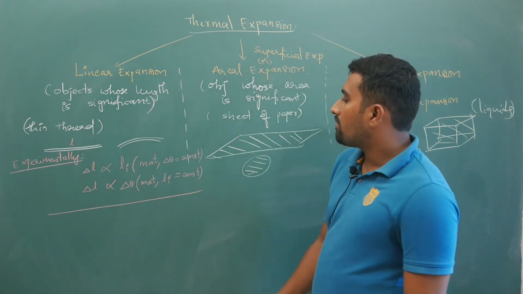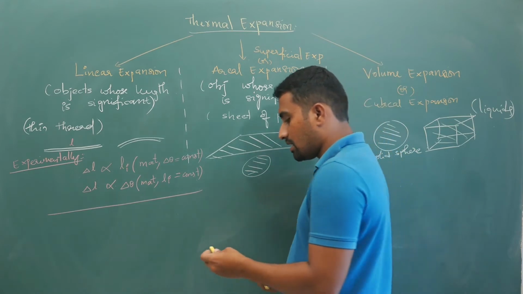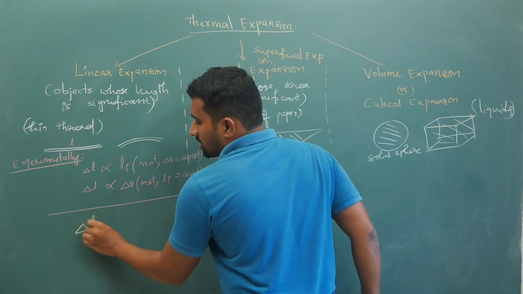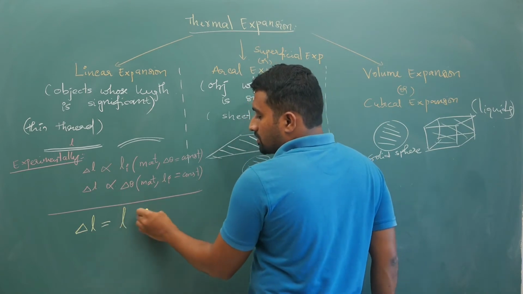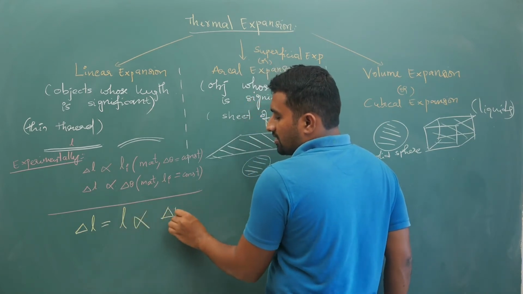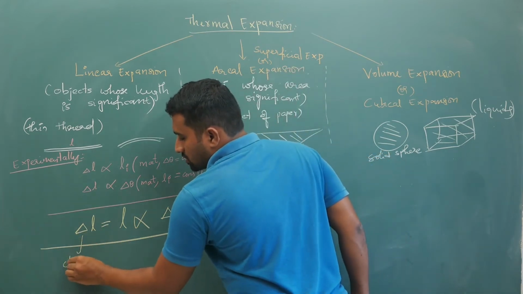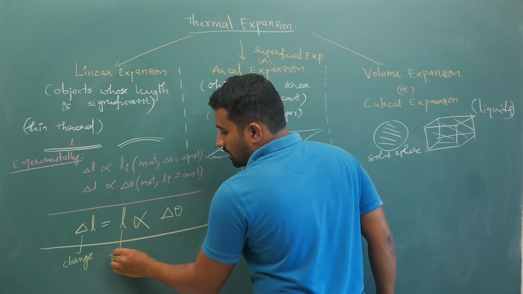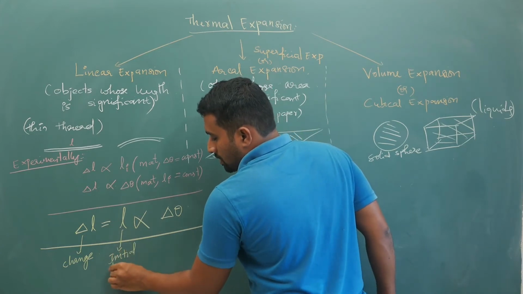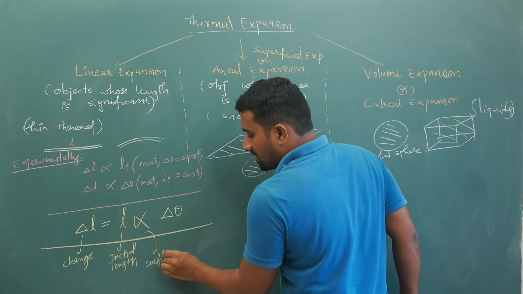So from these two proportionalities, the conclusion that I can make is your change in length delta L is L times alpha into delta theta. This is your change, this is your initial length, and this is your coefficient of linear expansion.